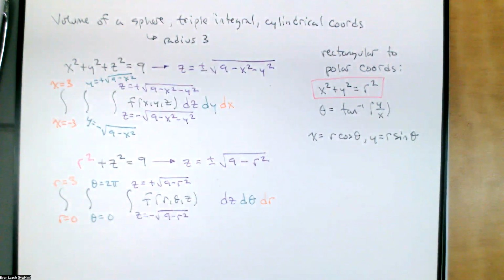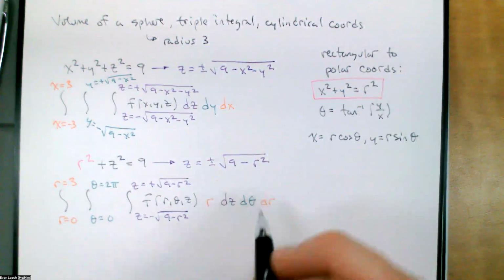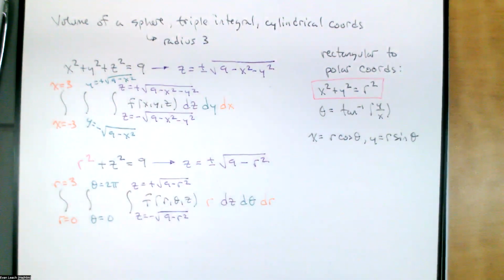We still need a factor of r to turn d theta into distance. D theta is still just a change in angle, but if I multiply by the radius, now r dz, d theta, dr, all that together is a dv.